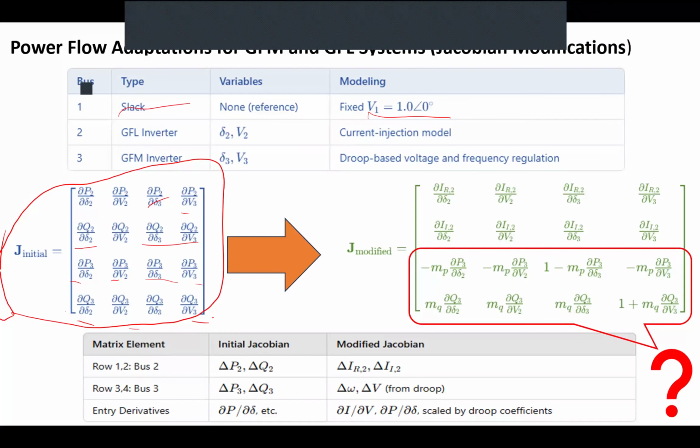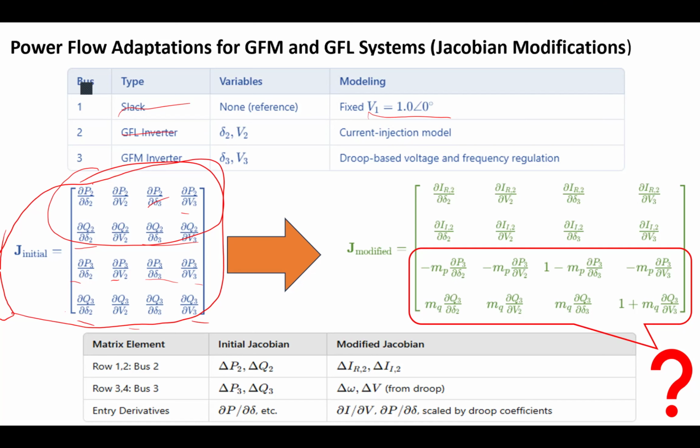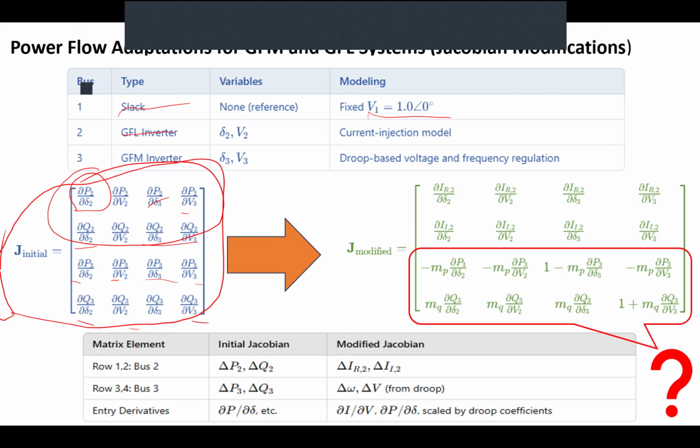Now, the second bus, which is this part, we said is GFL, and we said we have to replace the active power and reactive power with the real and imaginary part of the current. Are we good? So what we do is, instead of round P2 over round delta 2, we have round real part of current, this is the real part of current.